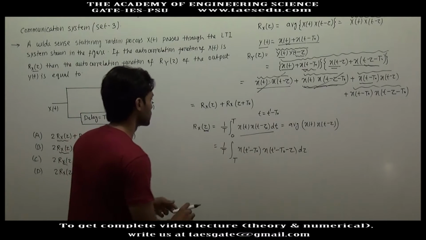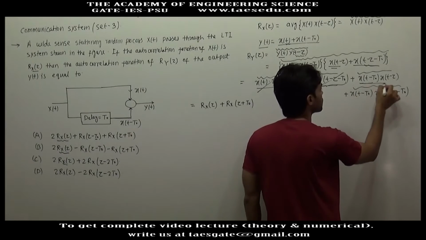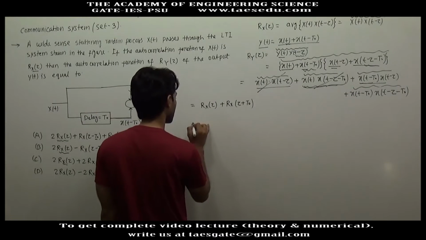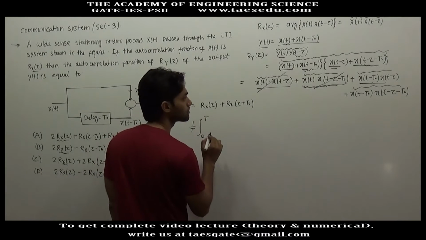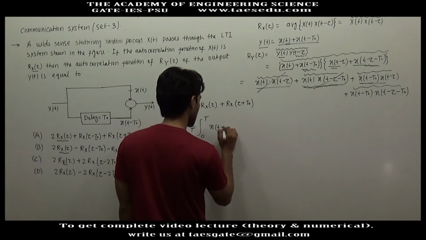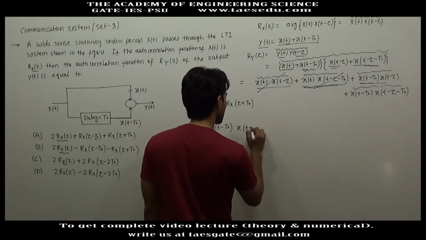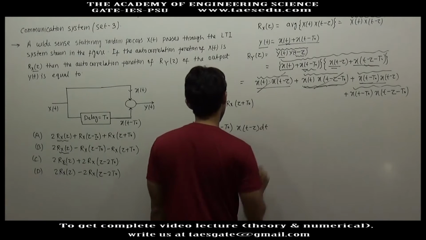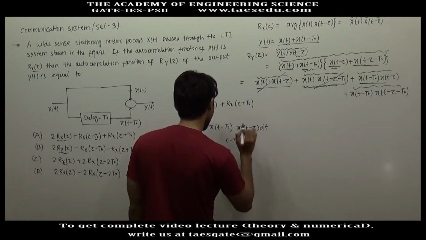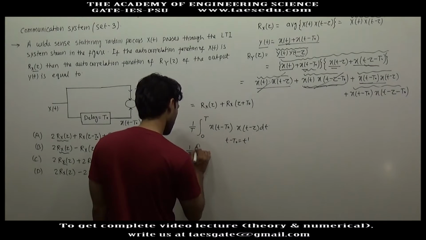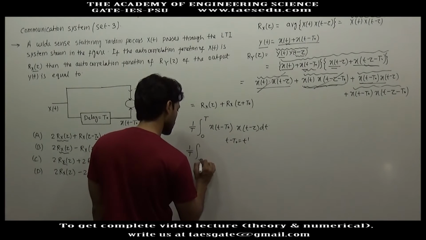Or let us do it this way. We have to find the average of this quantity. So this will be 1 by T integration from 0 to T of x(t minus t naught) into x(t minus tau) dt. Now put t minus t naught equal to t dash. When t is equal to 0, t dash will be minus t naught.